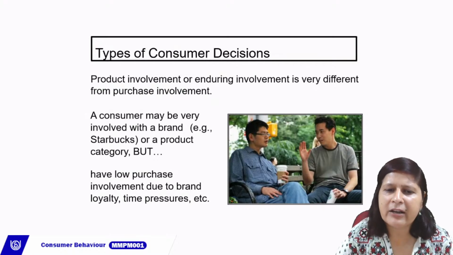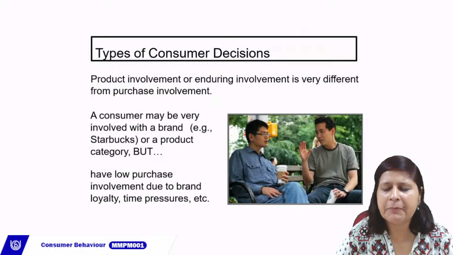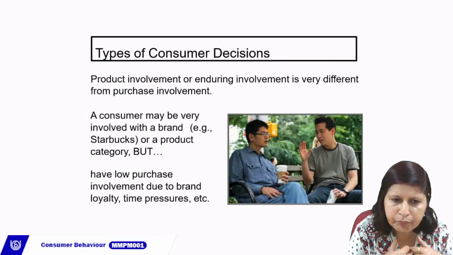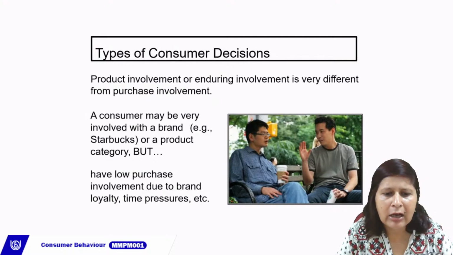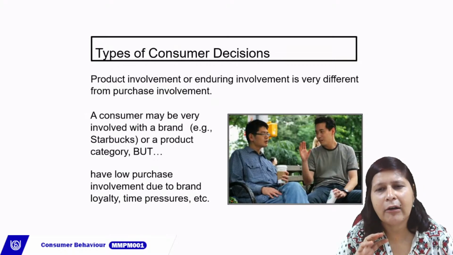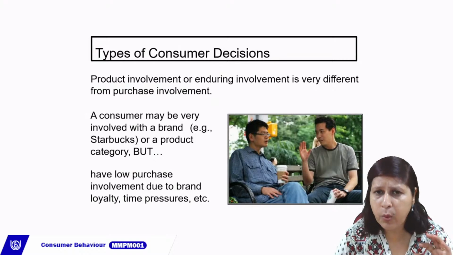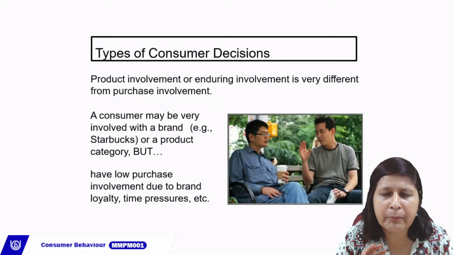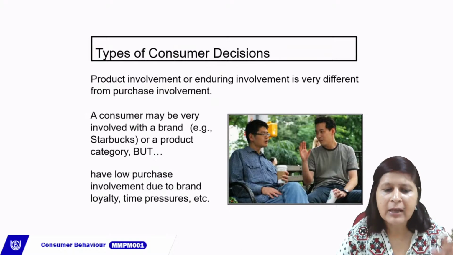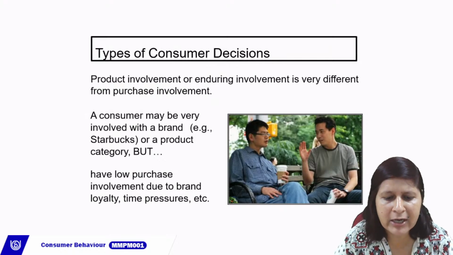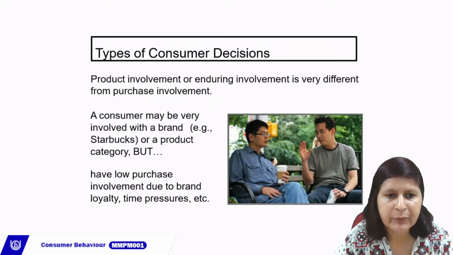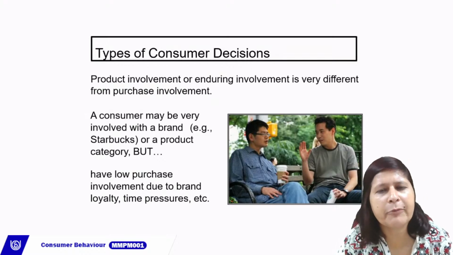A consumer might prefer to purchase a product of a well-known brand or a product category, but they have a low purchase involvement, right? Because of brand loyalty or time pressure, etc. So product involvement is very different from purchase involvement.